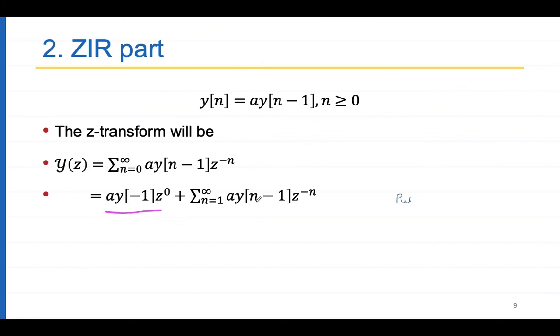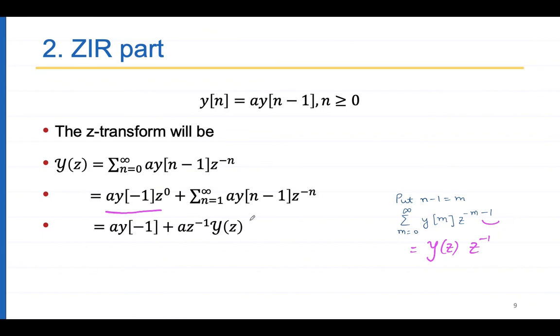Now I can put n minus 1 equal to m here, and I can solve for it, so y[m] is basically simply, putting it here, I get this form, which is simply Y(z) times z to the power minus 1, right? This is because of this minus 1.